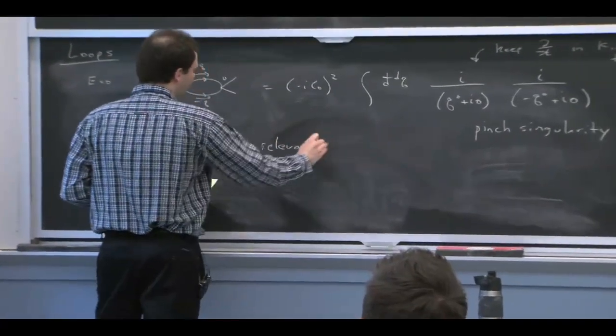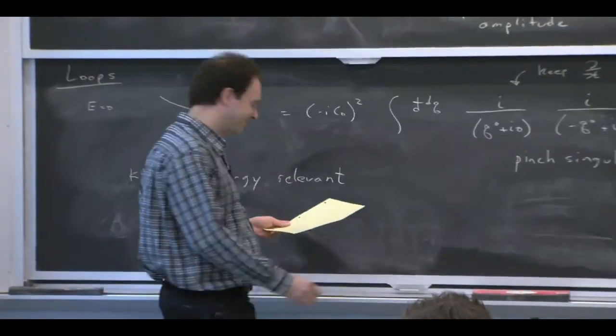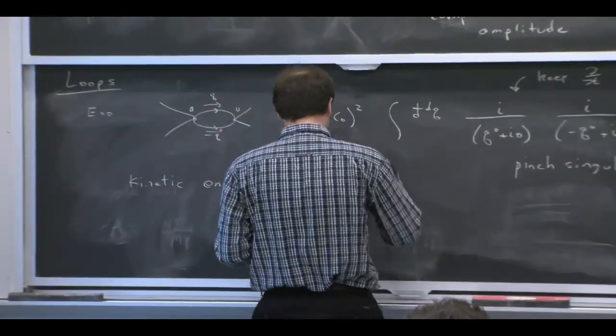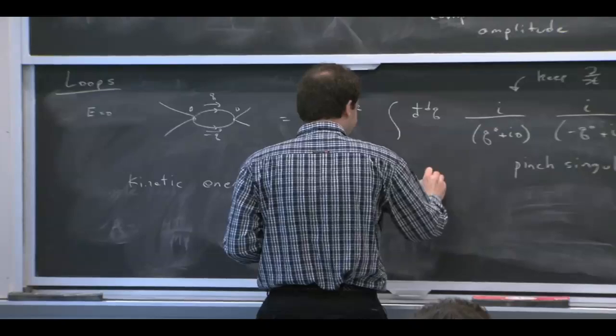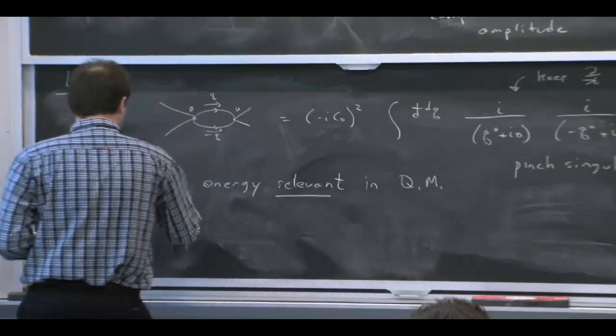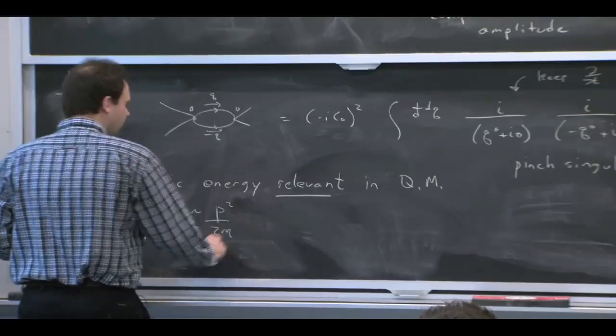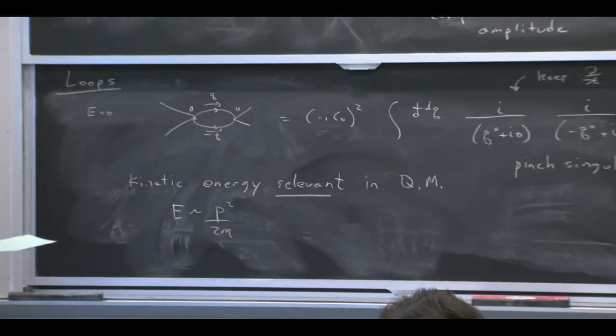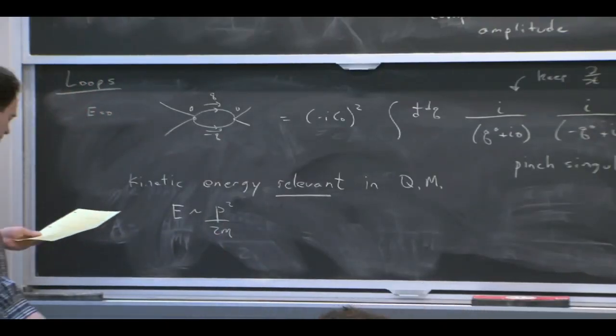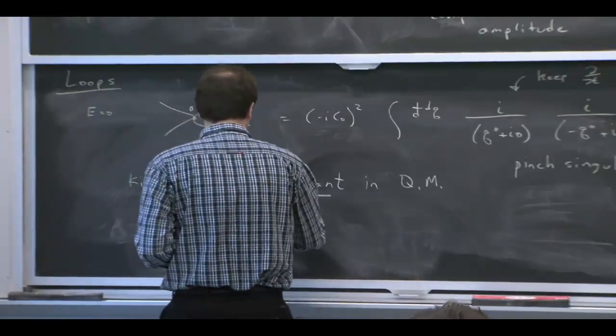Whenever you wrote down the Schrodinger equation, you kept it. So the right power counting should have E, which is of order p squared over 2m. So the partial t term and the grad squared over m term should be the same size.